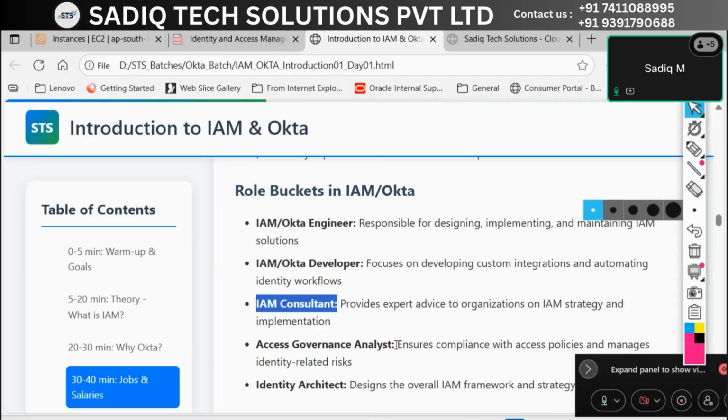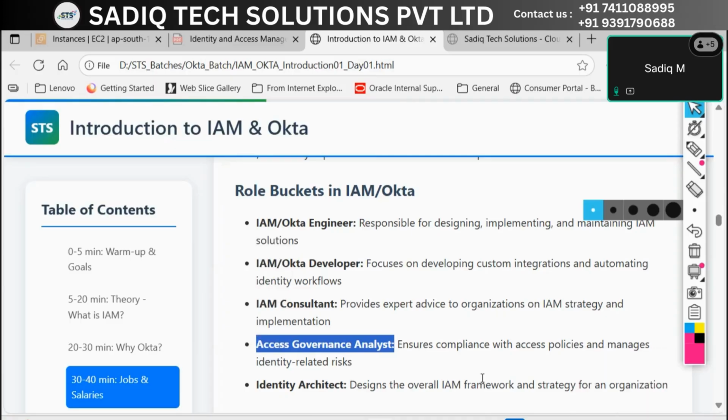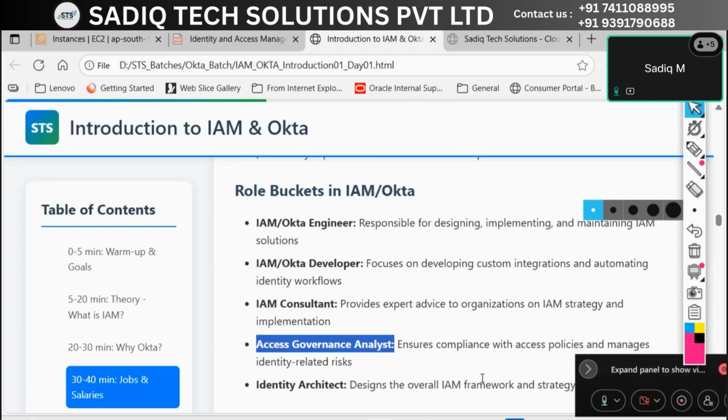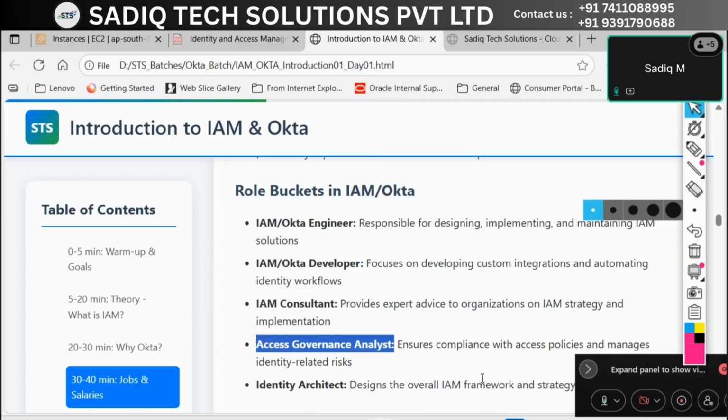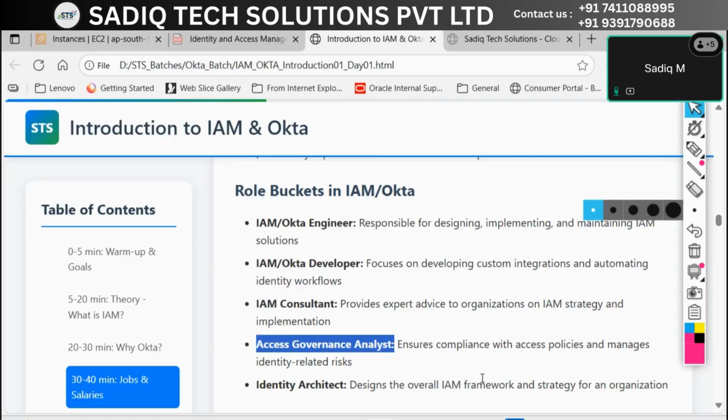Access governance analyst. So what he does is he actually does the audit part. He takes care of the audit part. Suppose how many users are there, whether all the systems available in the organization are compliant with the security standards or not, what access policies are there, what mitigated risks are there.